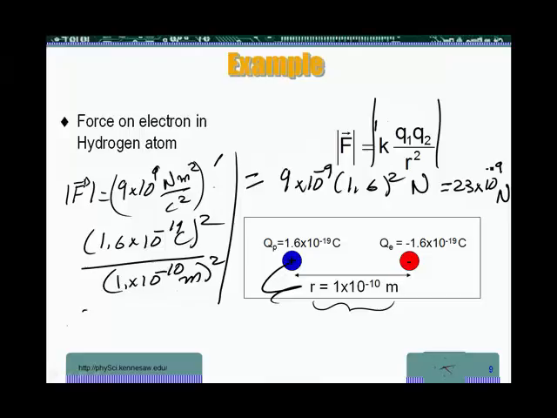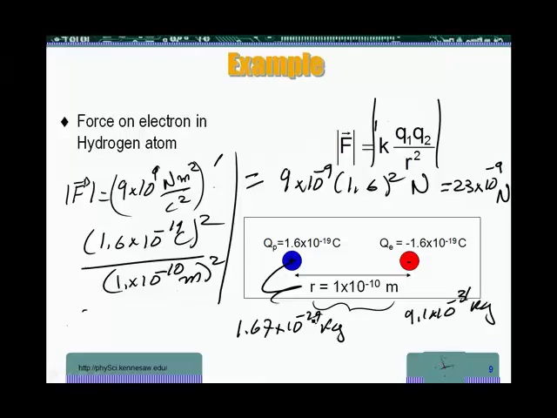It's a small force, but it is much larger than the gravitational force between both charges. If we calculate the gravitational force between both charges, the mass of the proton is 1.67 times 10 to the minus 27 kilograms, and the mass of the electron is 9.1 times 10 to the minus 31 kilograms.